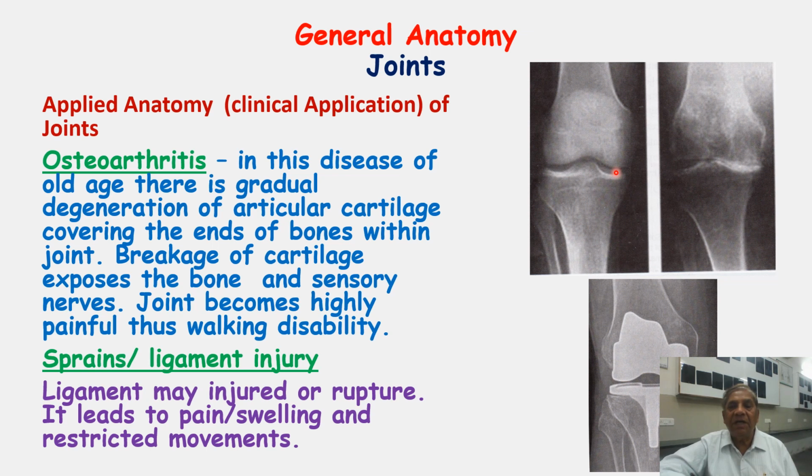Now this articular cartilage in old age gets destroyed because of constant friction over decades. And after that, what happens? If this articular cartilage is destroyed from the femur or the tibia or both, then the bone will be exposed, because immediately beneath it is the bone, and bone is having a nerve supply. Cartilage is avascular, there is no blood vessel in cartilage, there is no nerve supply of cartilage, so it has no sensation.